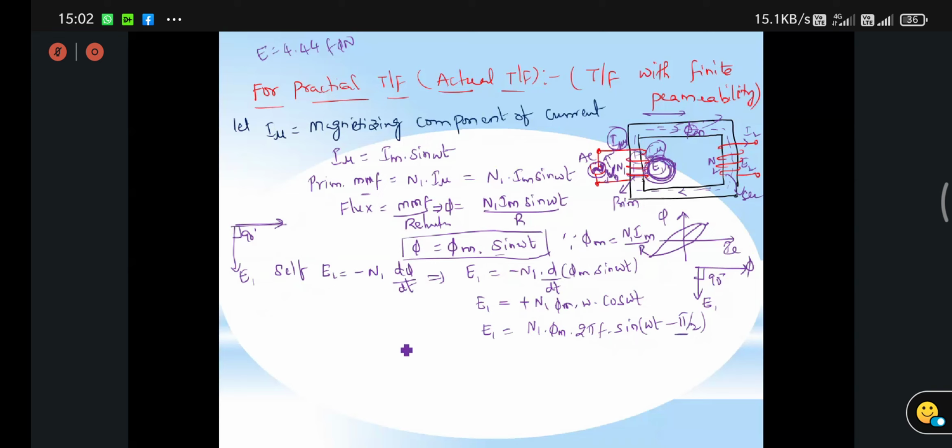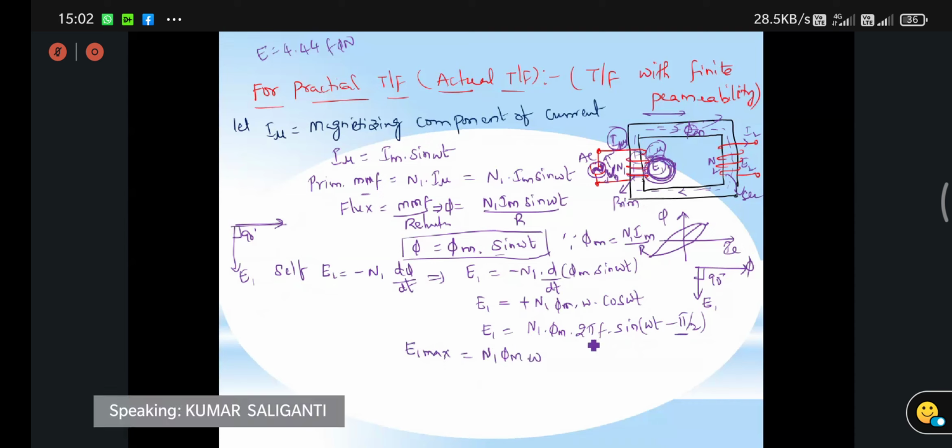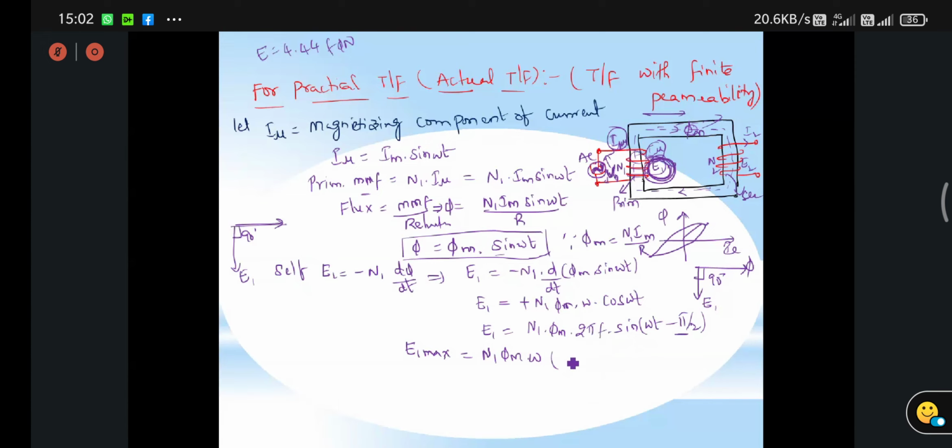Now the E1 maximum is equal to N1 phi m omega, at omega t equal to pi.